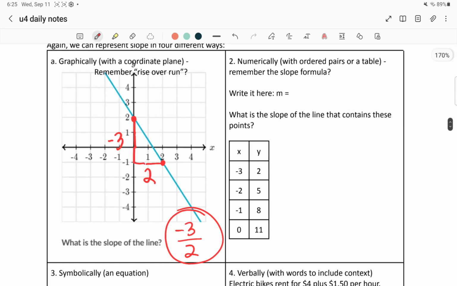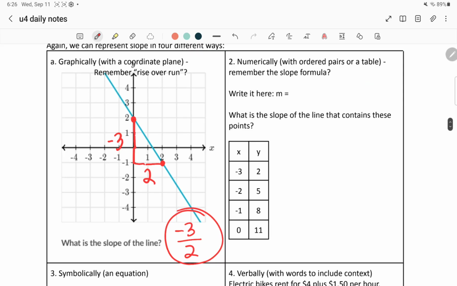Numerically, with ordered pairs or a table, what we use here is the slope formula. We have seen the slope formula before, but it's been a little bit, so let's talk. We have seen this notation: my x2s and y2s and x1s and y1s. That's just saying that there's more than one point happening.